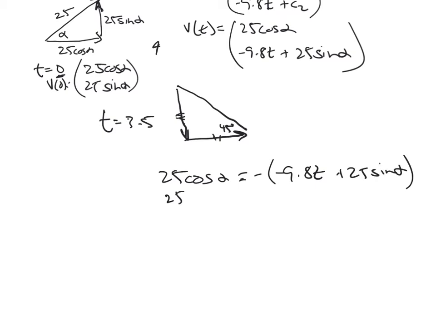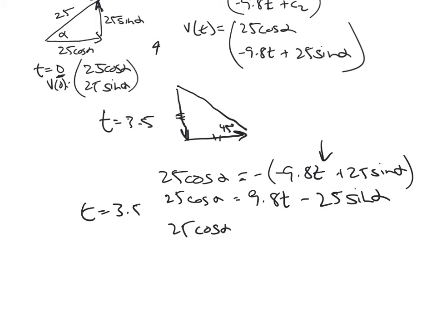And so 25 cosine alpha equals 9.8 t minus 25 sine alpha. And this happens when t equals 3.5 in here. And so 25 cosine alpha is equal to, when I plug in 3.5 here, I get 34.3 minus 25 sine alpha.